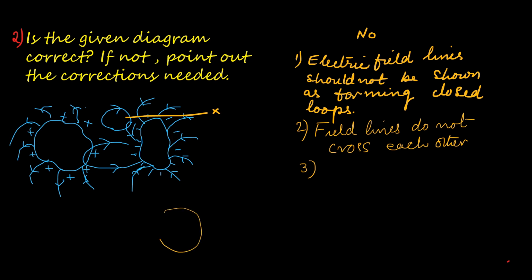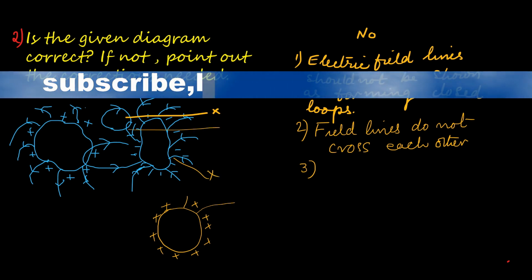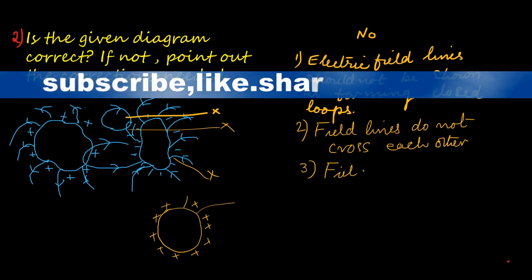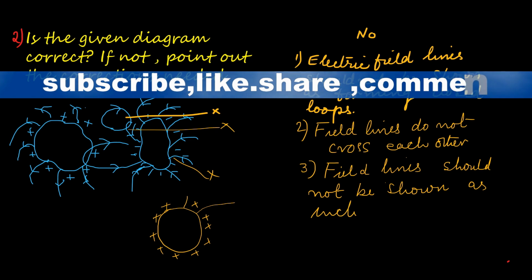If this is the surface where they originate, they should be shown perpendicular to the surface. At the point where they originate, they start perpendicular. Here it is shown inclined to the surface. It is an error. Field line crossing is also an error. Field lines should not be shown inclined to the surface.